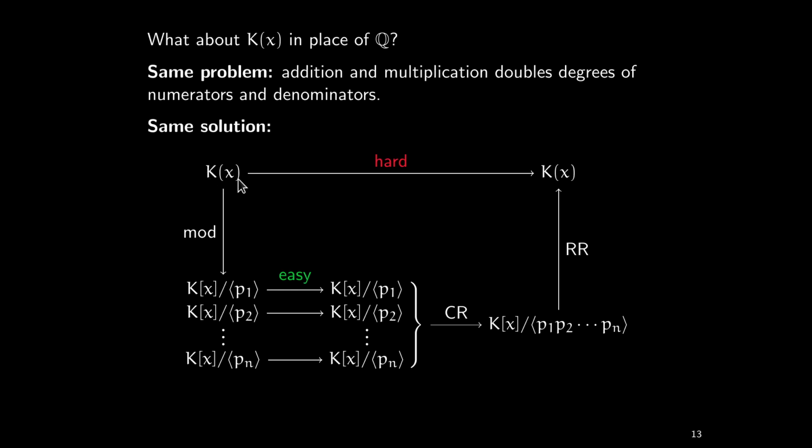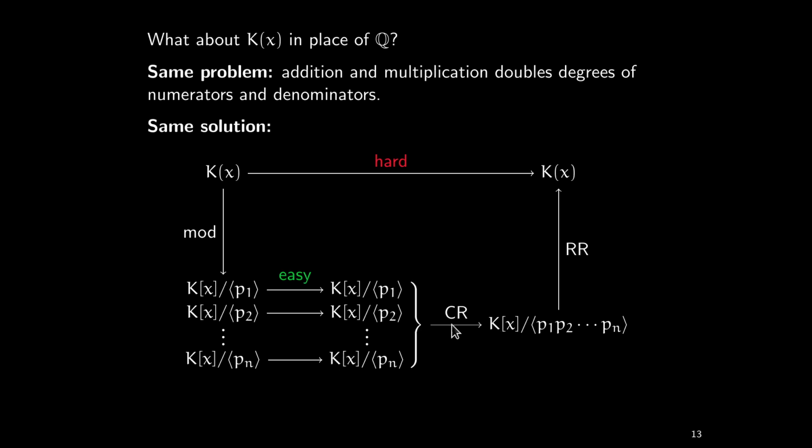You take modular images, so you take the rational function field and you translate it to quotient rings, possibly several ones. In the quotient rings, you can easily solve the problems. You get solutions in the quotient rings.